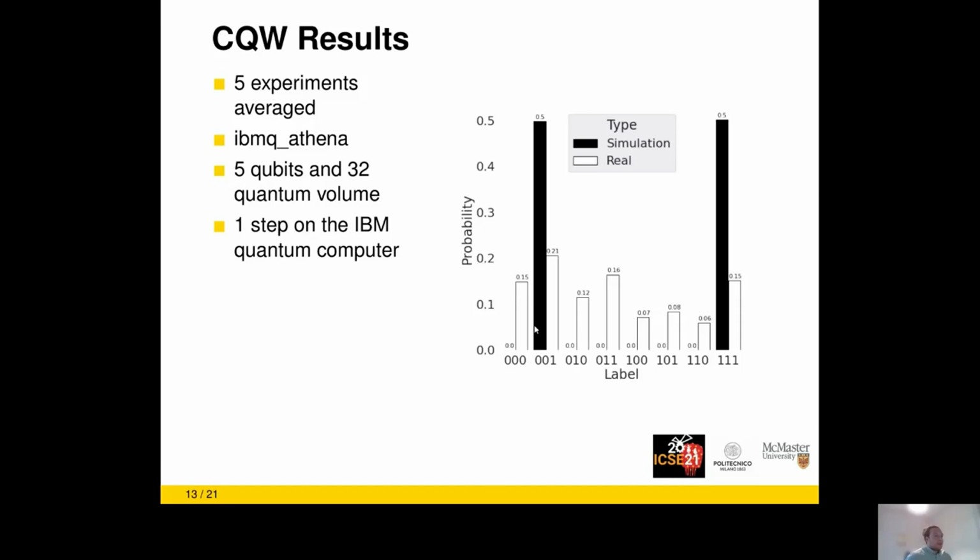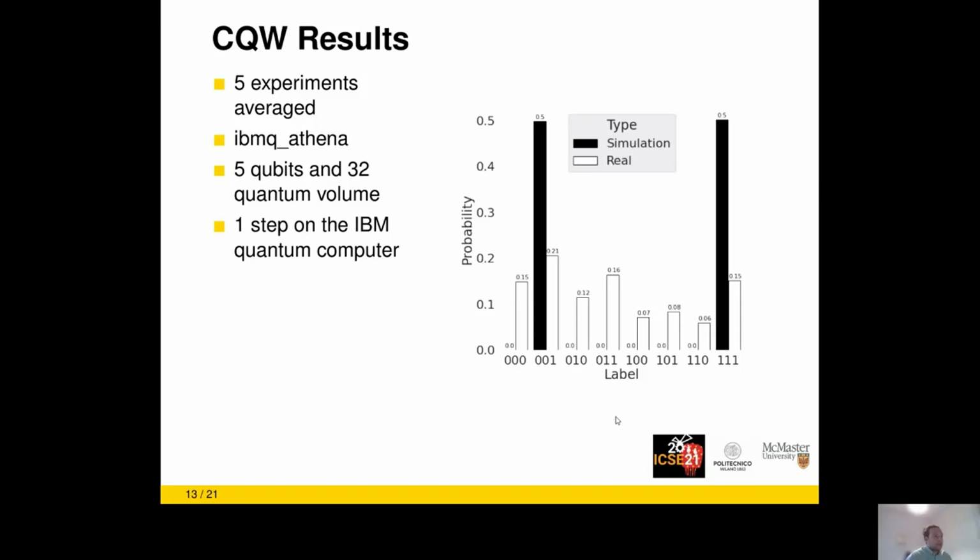Black bars represent the simulation results, and white bars represent the real quantum computer results. So starting from position 0, we expect in a simulation a 0.5 probability to move to node 1 or a 0.5 probability to move to node 7.